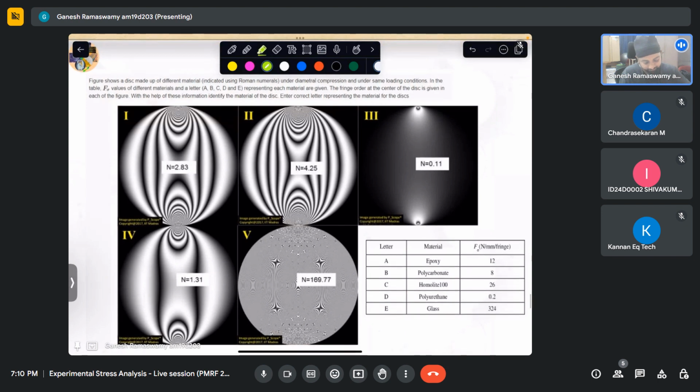The fringe order at the center of the disk is given. So here we can see N is 2.83, 4.25 and so on. With the help of this information, identify the material of each of the disks. This is what is given.